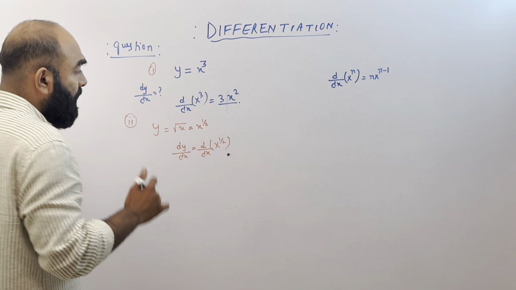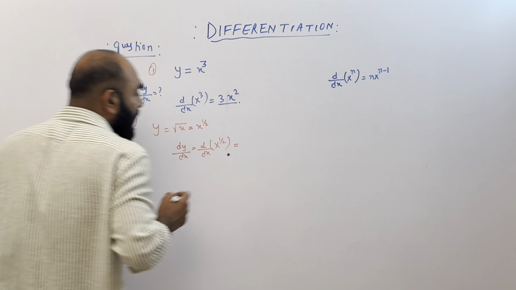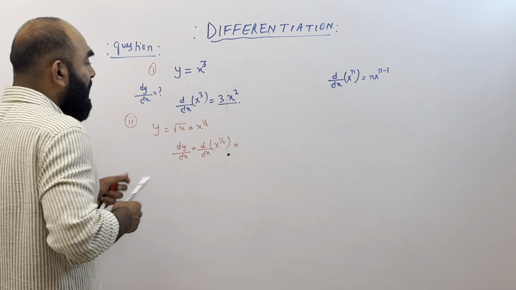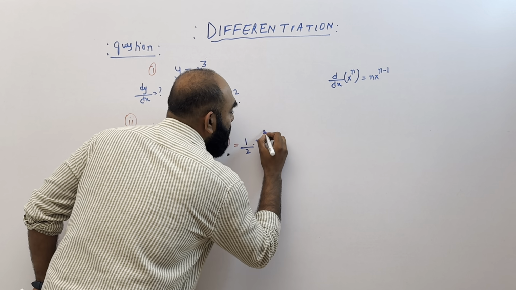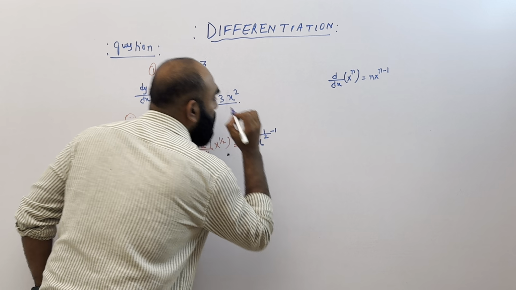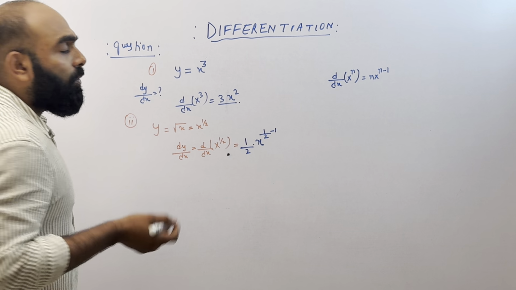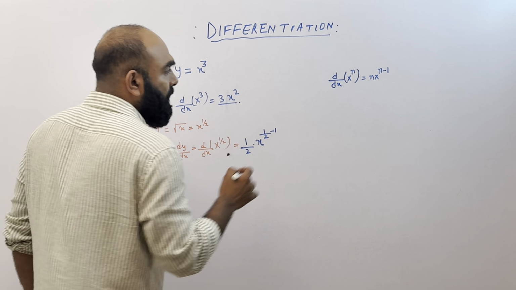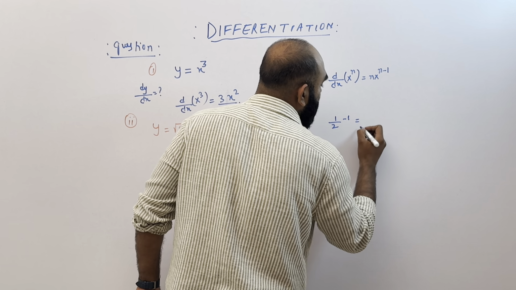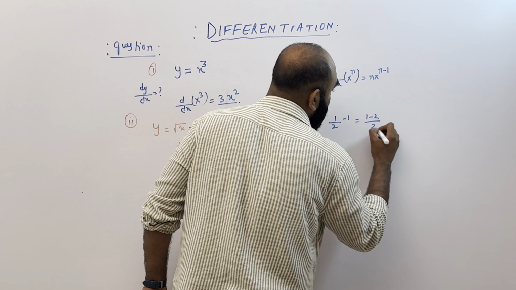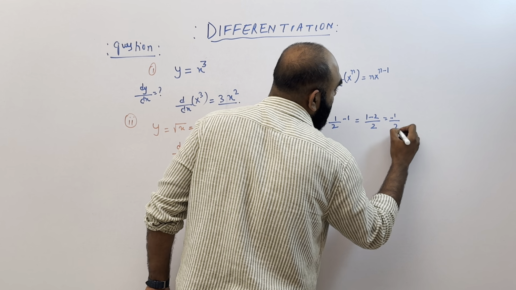Correct? Okay, sir. What is the rule? Sir, n is how much? n is 1 by 2. So n into x to the power n minus 1, that is 1 by 2 minus 1. Solve it. Taking the LCM, 1 minus 2 divided by 2 is minus 1 by 2.